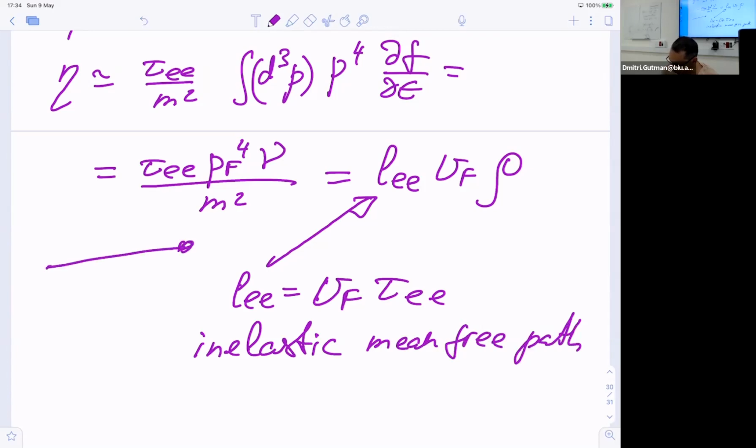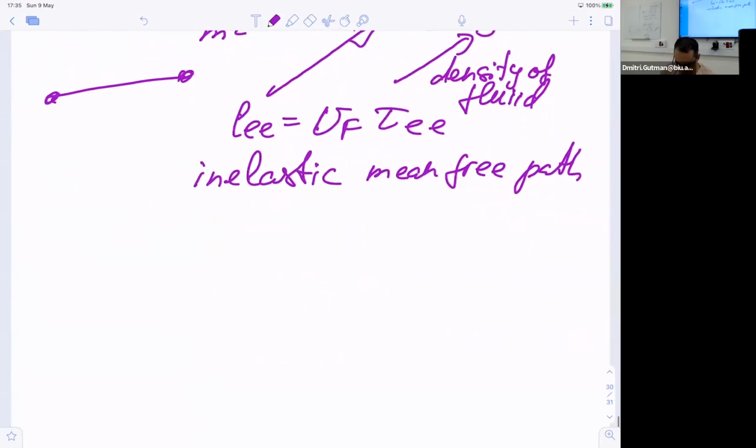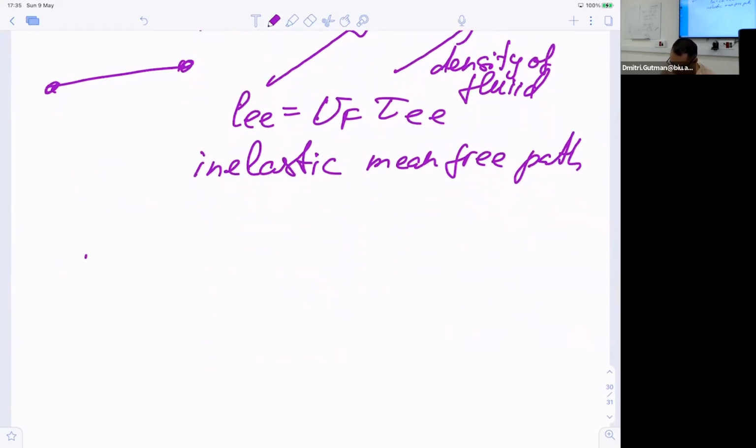How long it takes for energy to be exchanged, and rho is density of electrons, density of fluid. Now, so there is a relation that we have established that viscosity of these fluids scales as a mean free path, V Fermi and density. And now the question is, how does this thing scale with temperature?